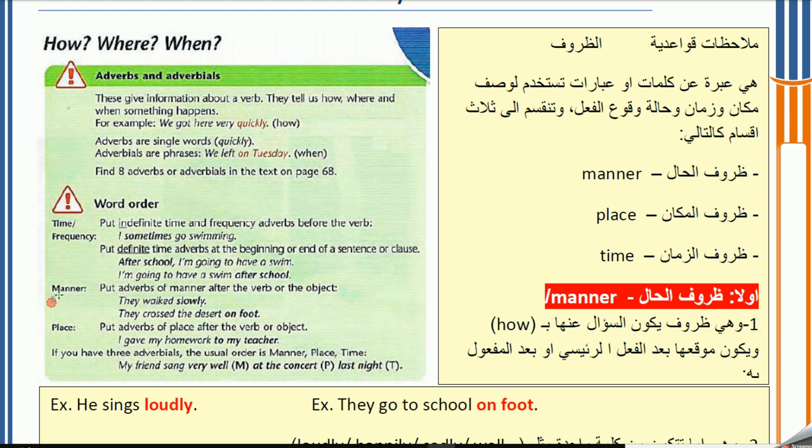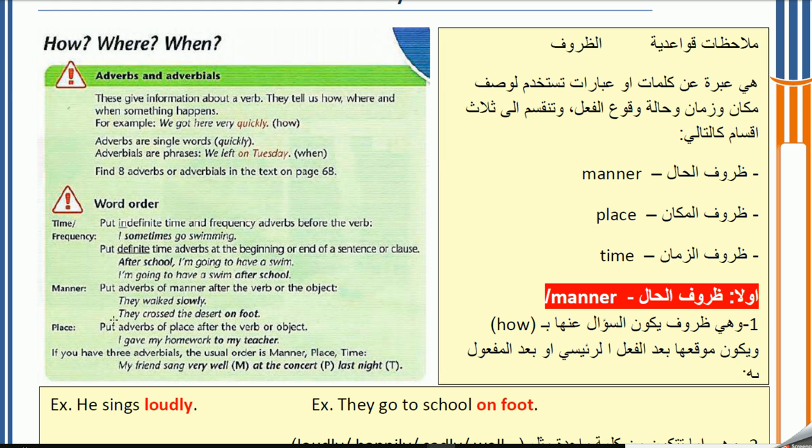So, number two, manner. Put adverbs of manner after the verb or adjective. For example, number one, they walked slowly. Here, the word slowly means adverb of manner, comes after the verb walked.